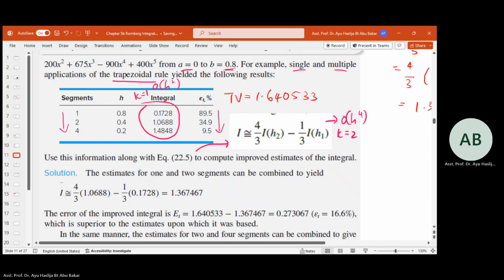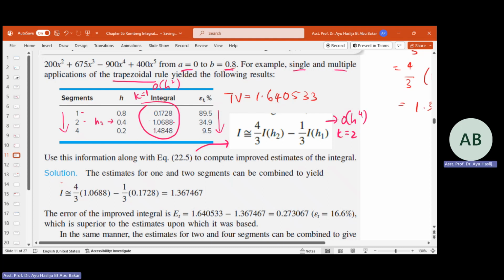Now using the equation, 4/3 multiplied by IH2, this one, more accurate. Now we focus on 1 and 2 first.